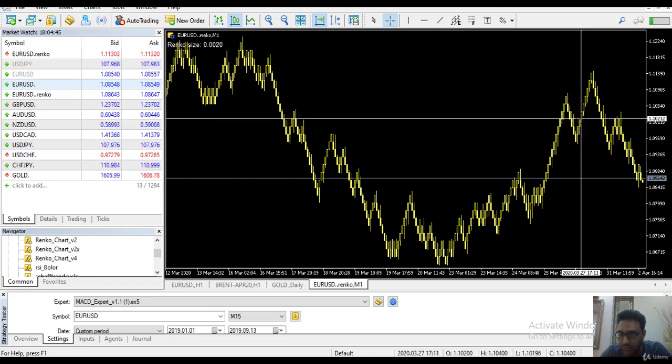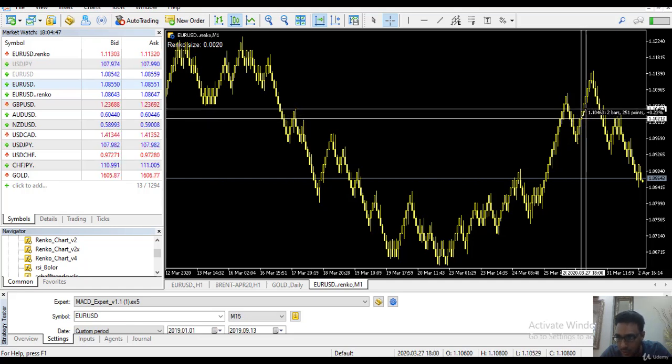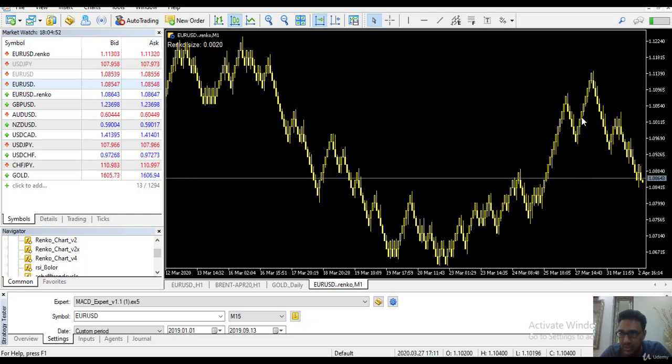So it has moved almost 3 bricks, so 600 points. These 3 bricks, 1, 2, and 3, represent the 1 hour time frame on our 200 pips brick size, right? So this is how you can use brick sizes, or the Renkos, in our charts.